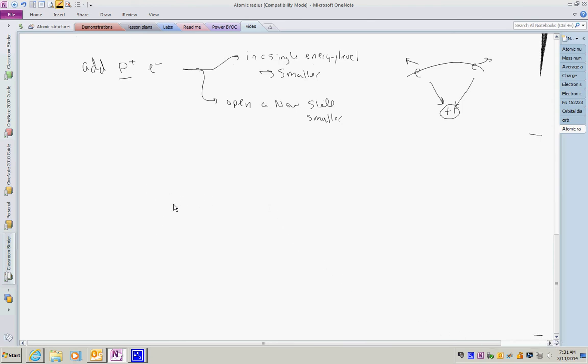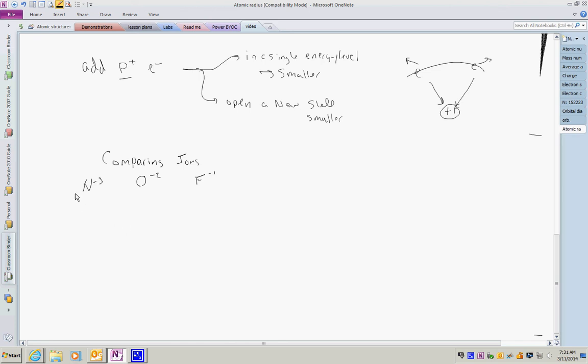There are some examples like this you might have, so let's call this comparing ions. You could have, let's say, oxide, fluoride, and let's go with nitride. And they want you to list these in order of atomic radius.